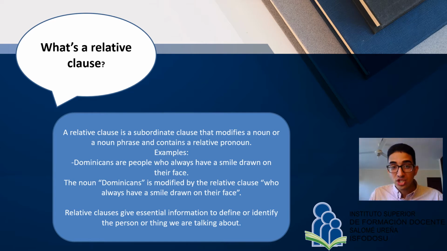Relative clauses give essential information to define or identify the person or thing we are talking about. So the relative clause is the part of the sentence that contains the relative pronoun. And a relative clause gives extra or essential information about the person, the thing, or the place that we are talking about. I think that you are a little bit familiar with the term relative clauses. However, I wanted to give you that information so you refresh the term, all right? So let's continue.